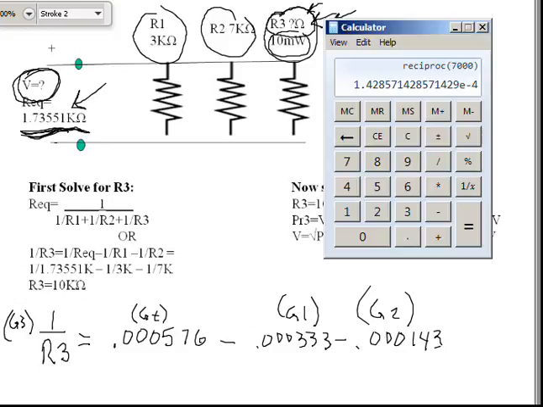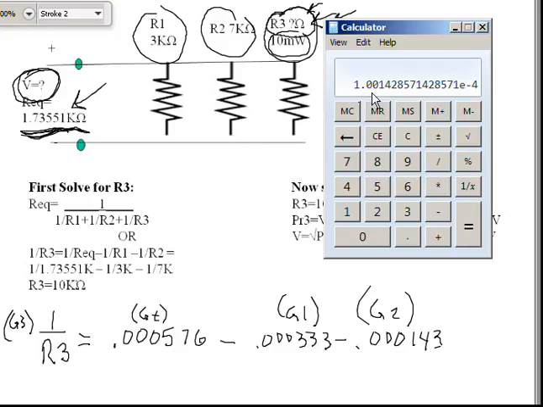So let's do the subtraction. Let's see here. 0.000576 minus 0.000333 equals.